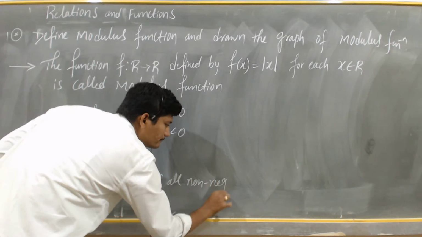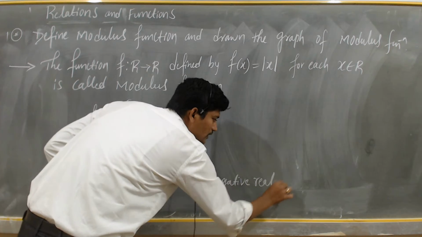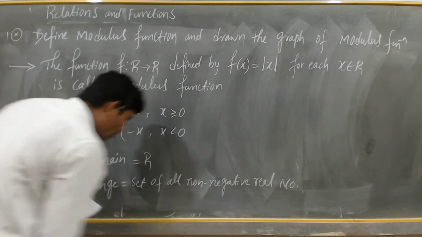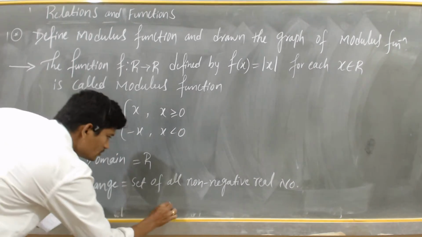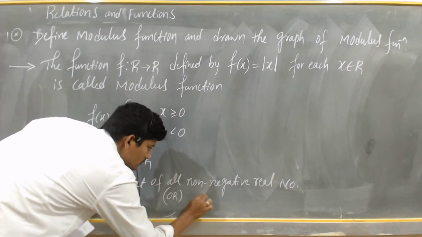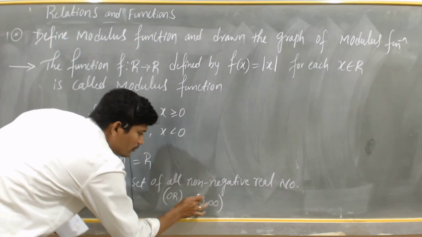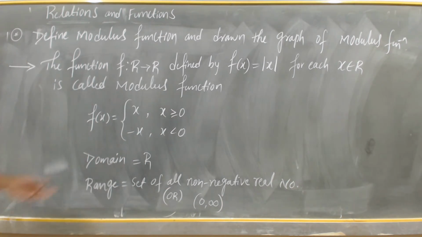Non-negative real numbers over R, we can write as 0 comma infinity. So we can write both.